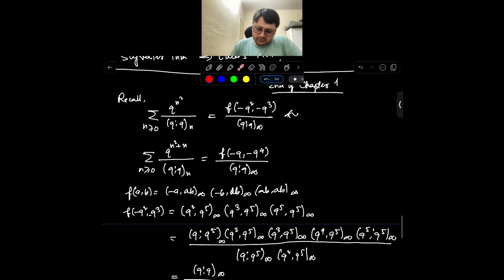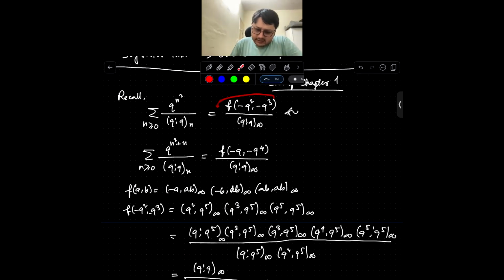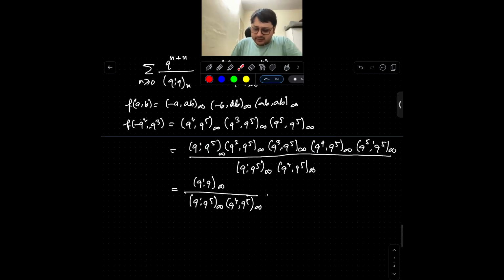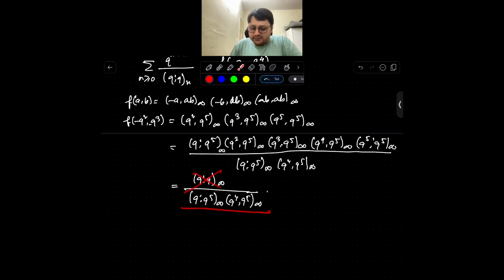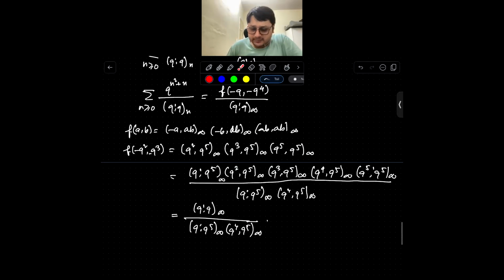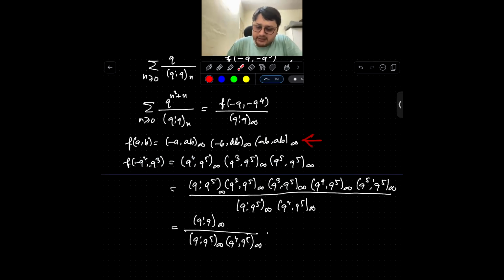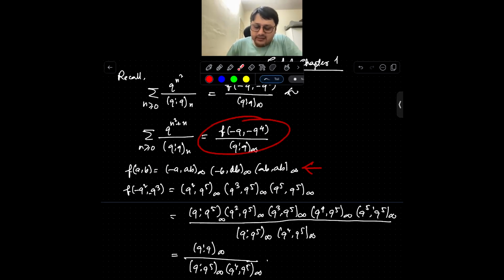So if you divide f of minus q square, minus q cube by q infinity, this q infinity goes away, and you are just left with the bottom part, which is basically the product side of the Rogers-Ramanujan identity. And this is the Jacobi triple product identity. Similarly, you can write down what the other one is. I'll not do that, but you can write this down.